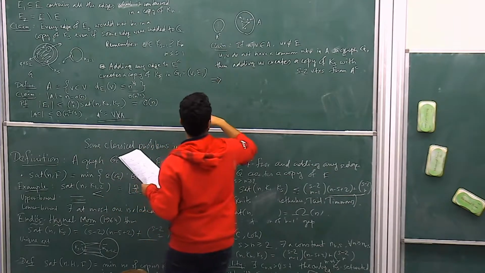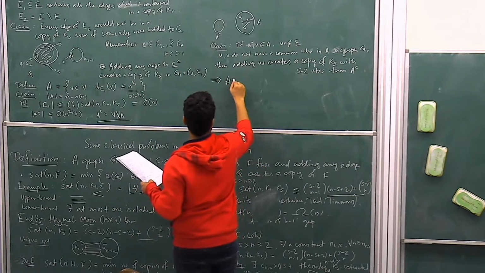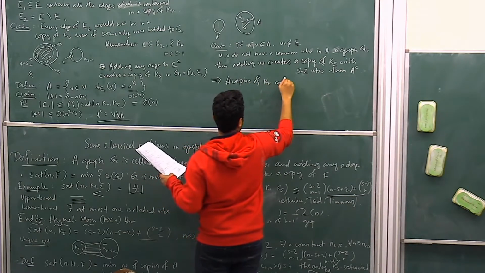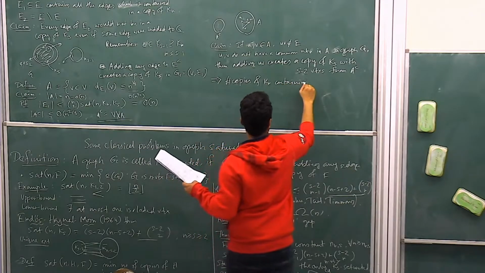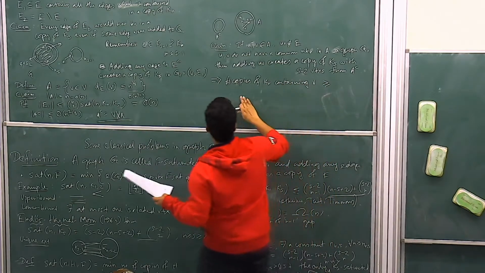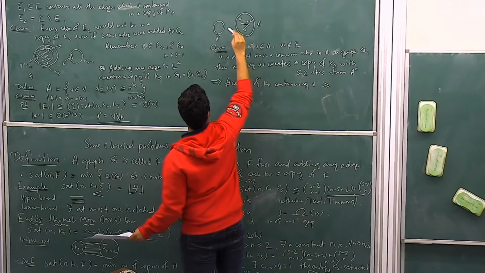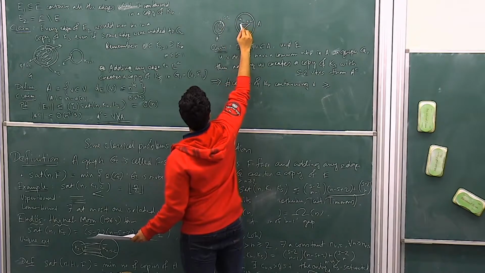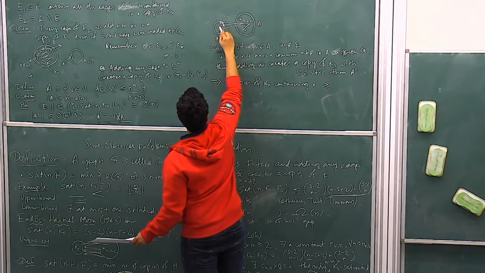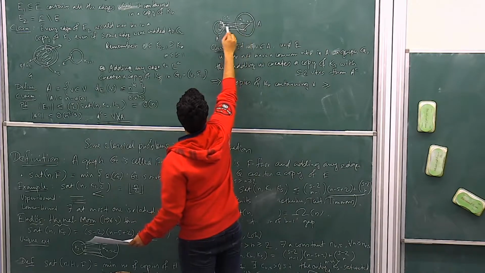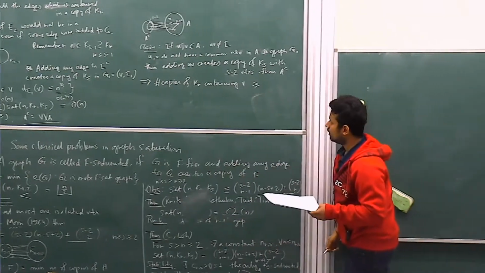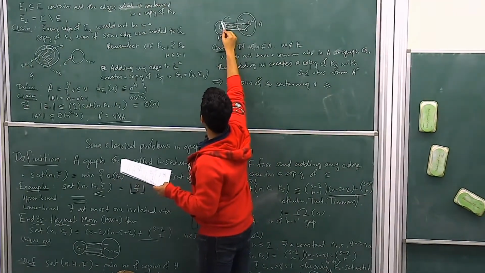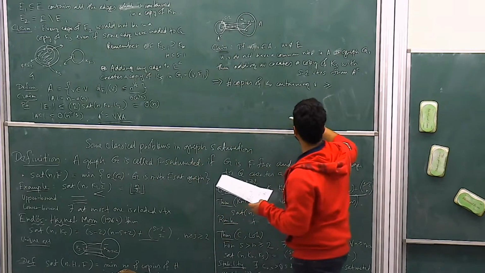What does this imply? This implies the number of copies of KR containing V is at least, so what's the picture now? The picture is we have this UV and we have these S minus 2 vertices here, so that this is a complete graph and also this is a complete graph. So the number of copies of KR containing V is at least, if you pick any R minus 1 vertices from these S minus 2 vertices, you will get a copy of KR.